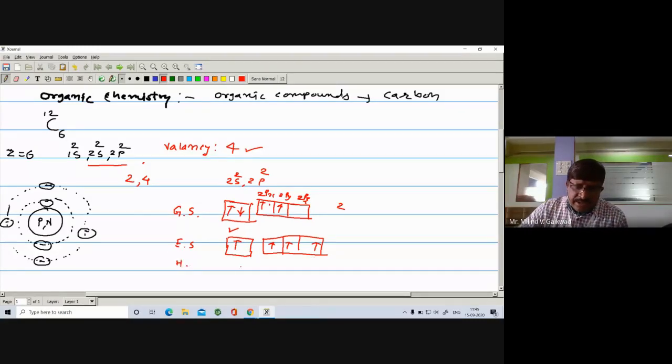In hybridization, 1s and 3p undergo overlapping, and you get such a hybrid orbital, right? 1, then 2, and then 3.